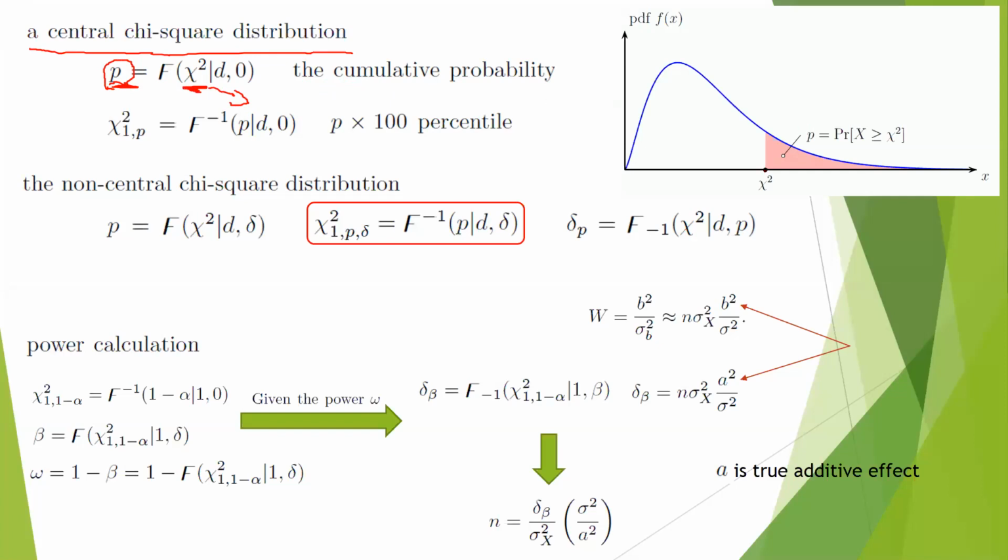So for example, if your test statistic is this large, the p-value or the cumulative probability is equal to the area under the curve of the null distribution beyond this test statistic. We are only talking about the null distribution, right? This gives you the cumulative probability, or the p-value for the test.